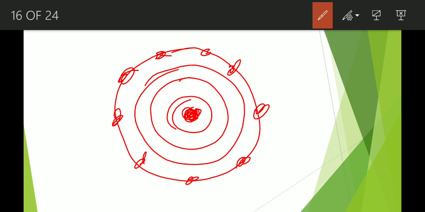So this positively charged nucleus will attract all the electrons present in the outermost shell. As a result, there will be a decrease in the atomic size. It will contract. It will become lesser in size.